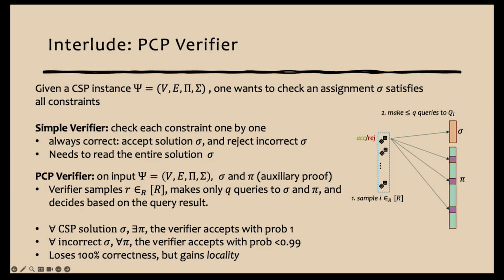So for every CSP solution, we need to make sure that there always exists an auxiliary proof that is accepted with probability 1. And for every non-solution, we need to make sure that the verifier accepts with probability at most 0.99, no matter what the auxiliary proof is. It loses 100% correctness. Sometimes it will accept a non-solution, but it gains locality in the sense that it only queries a constant number of positions.